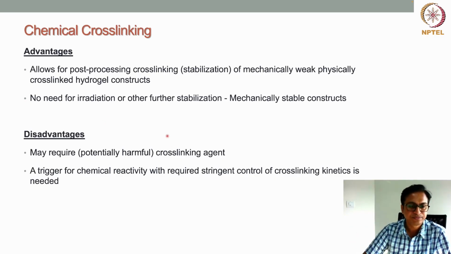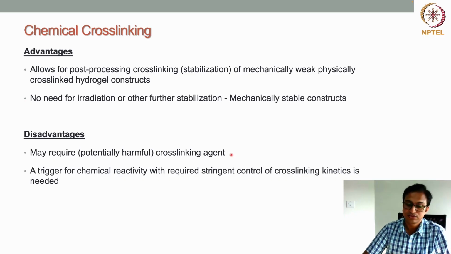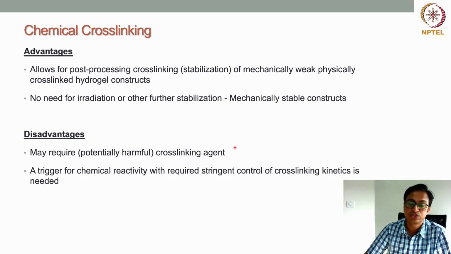The disadvantage is that we need to use certain harmful chemical cross-linking agents, right? Some chemical cross-linking agents are very harmful. So that is the disadvantage. But we need to use certain cross-linkers that are less harmful, or that don't have any harm, those that are safe to be used.